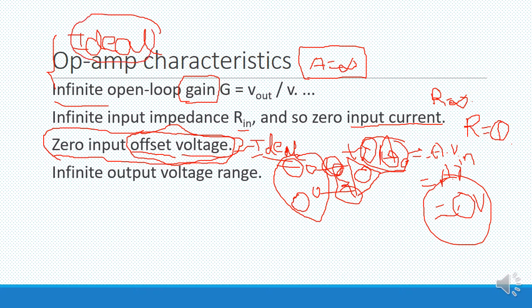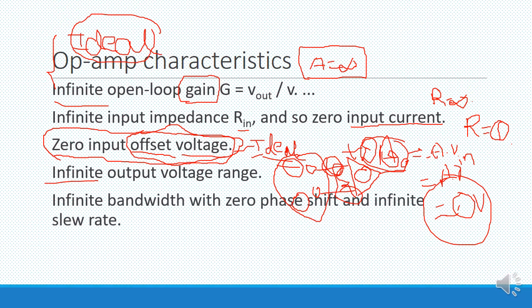Next comes the infinite output voltage range. The bandwidth is also very high in the ideal op-amp and it has zero output impedance.